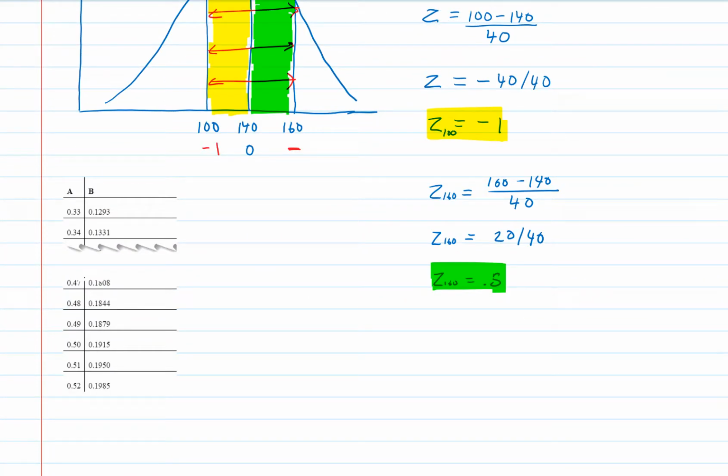So we look down our z-values over here, and let's take a look at a z-value of 0.5 over there. It is equal to the probability, or the percentile, percentage, whatever you like, 0.1915.